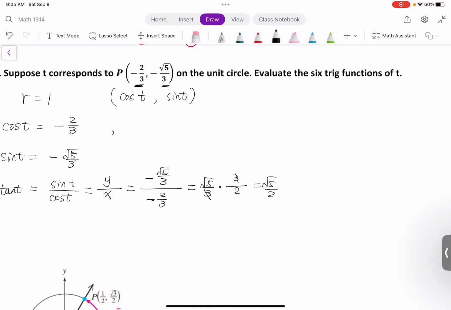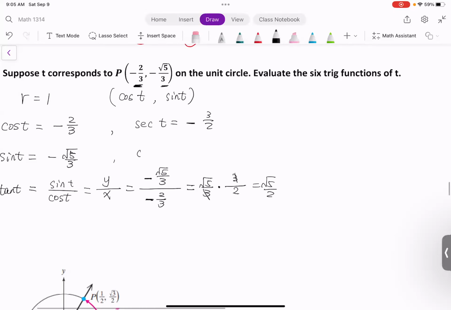All right, let's find the reciprocals of these 3 functions. Cosine t's reciprocal is secant t. Secant t equals, you just flip it and keep the sign, -3 over 2. How about cosecant?